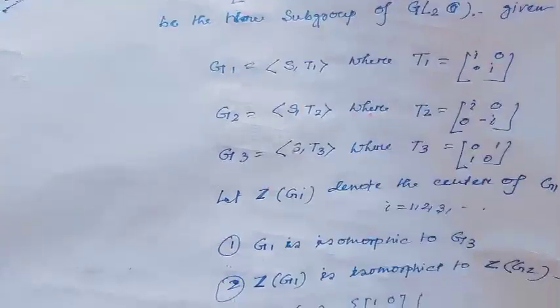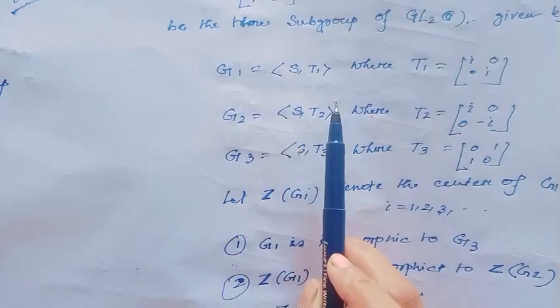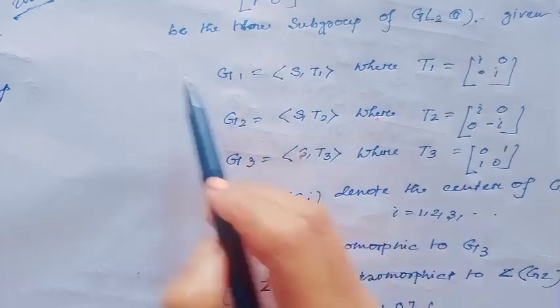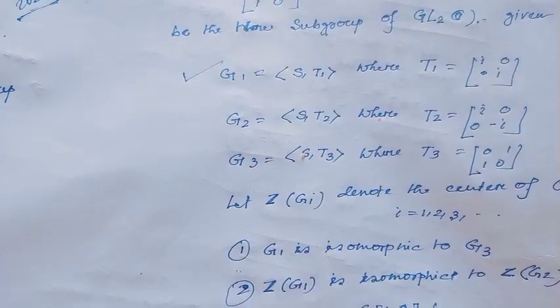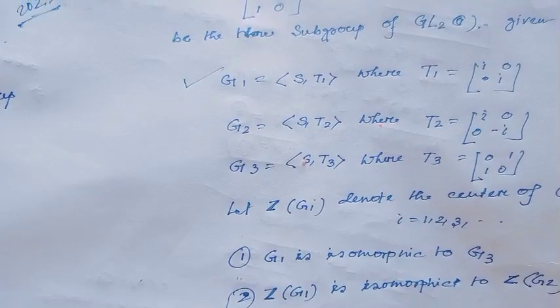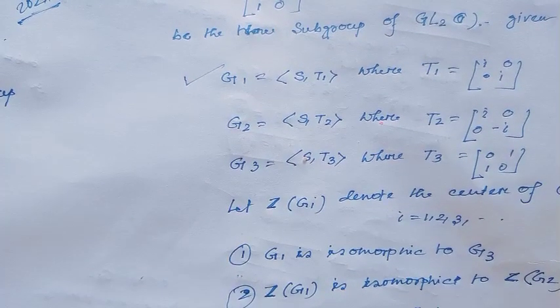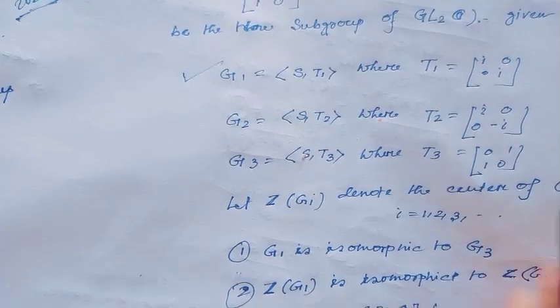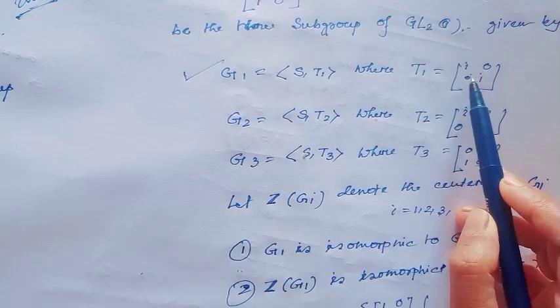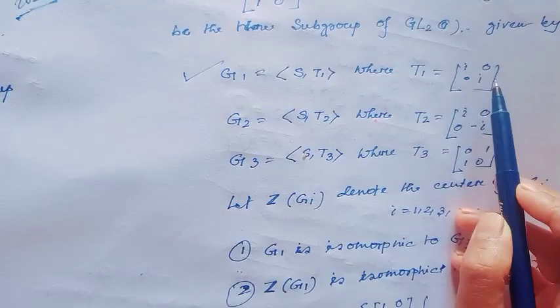given in the question in different ways T1, T2, T3. The first structure is G1 equal to the cyclic subgroup generated by S, T1, where T1 equals the 2 cross 2 matrix [i 0; 0 i].